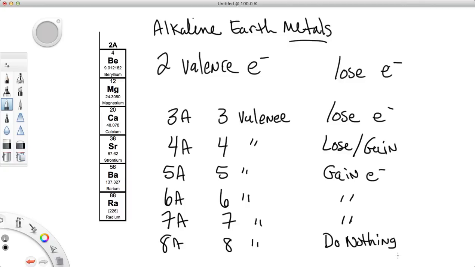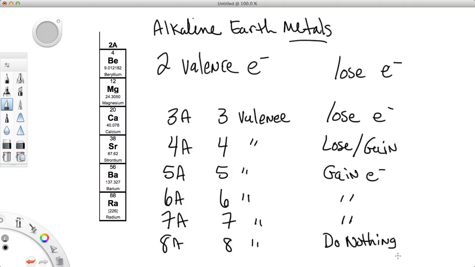They are what I like to call the Mary Poppins of the periodic table. They're practically perfect in every way. They don't gain, they don't lose, they don't readily bond with other elements. They don't go through violent chemical reactions, nothing. They are stable, and every other element on the periodic table wants to be stable like them.